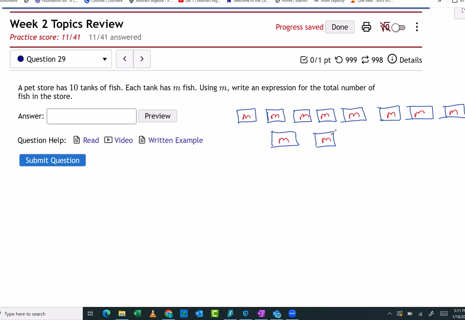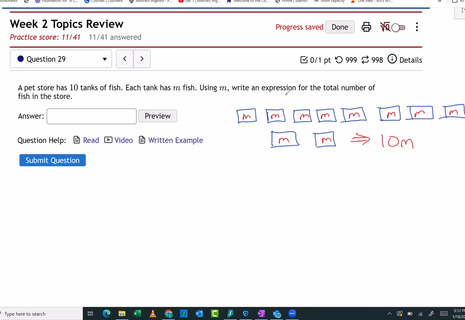Well, we can add up all of these fish, and it's going to be M plus M plus M 10 times, which is the same as 10M. Or if we have a tank with M fish and we have 10 of them, addition of the same number multiple times is exactly what multiplication is.